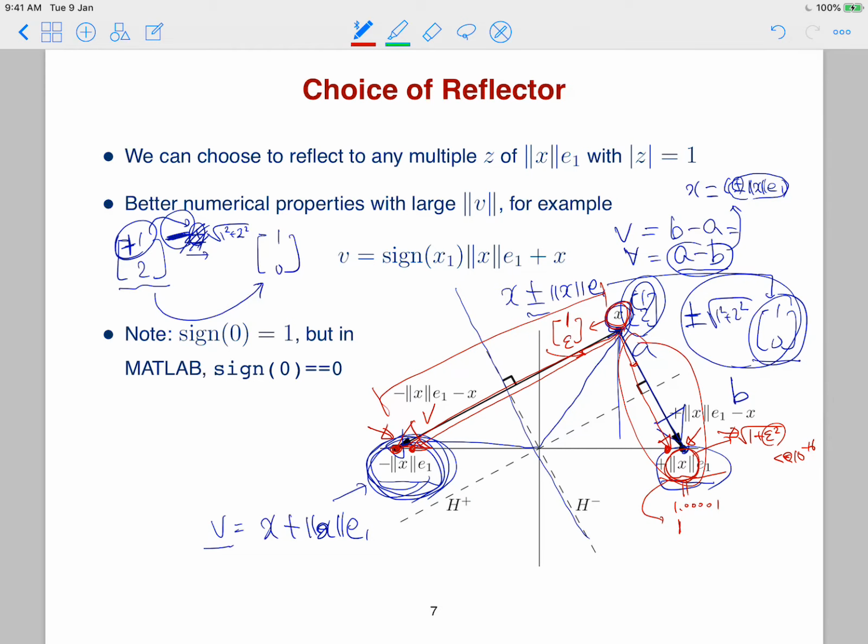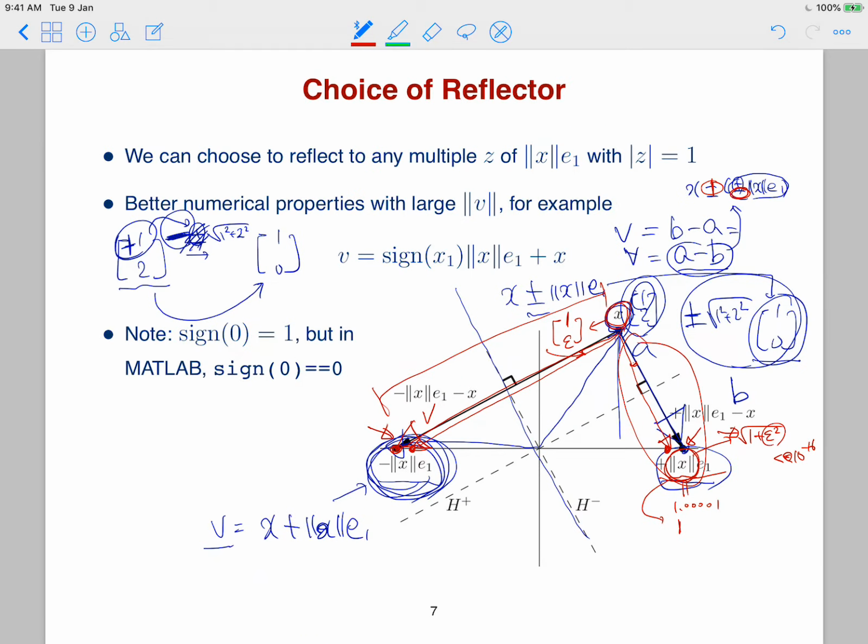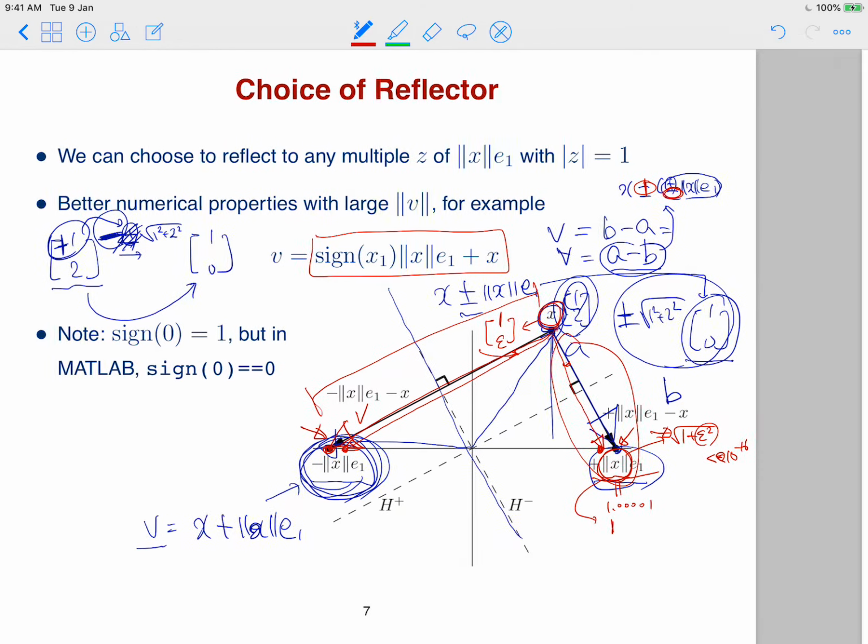So overall, we choose this negative sign over here, right? And then the negative sign means another negative sign, and so we obtain the plus sign, and the resulting v is represented in this form, right?